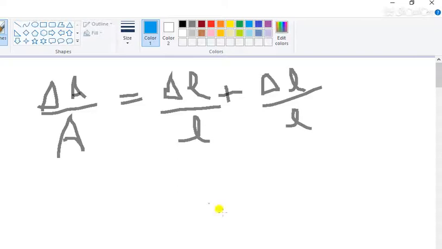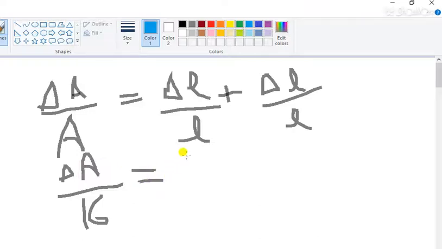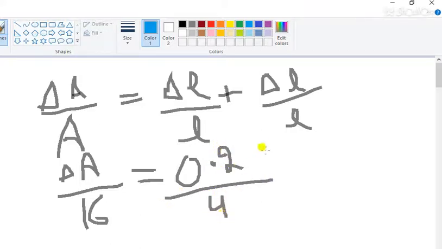But if we follow this way, then area is equal to 4 into 4, 16. So 16 will come here. If we want to find delta A, then 16 will come here, and 0.2 will come here, and here we have 4 as the value of L, multiplied with 2 because these two are the same values.